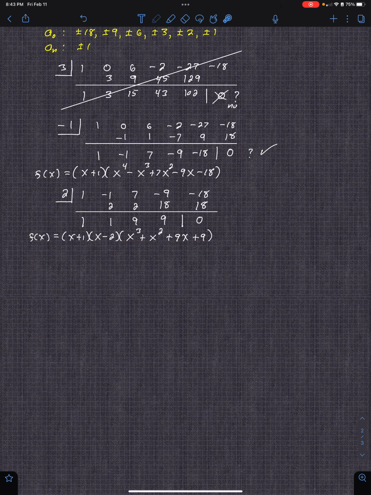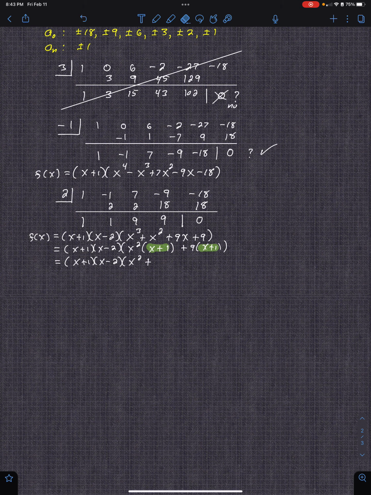And so we can use factor by grouping. So you factor this as x squared times x plus 1 plus 9 times x plus 1. And then you have that in common to each of those two terms, and then you factor that. So this is x plus 1, x minus 2, x squared.